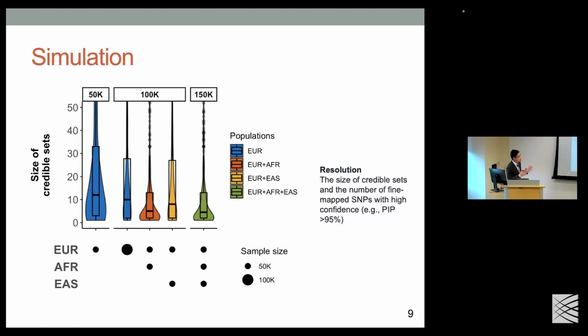And the resolution is also quite an important thing. We define the resolution as the size of a credible set and the number of causal variants in the credible set. As we add more samples from diverse populations, the size of credible sets decreases, which means the resolution increases by adding more data.